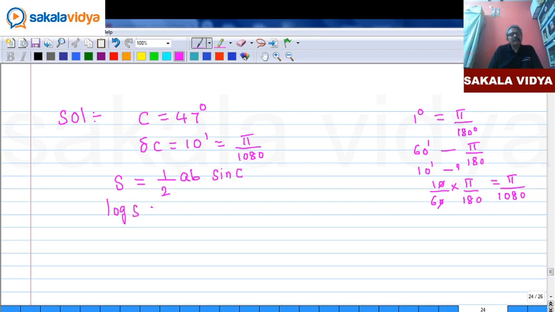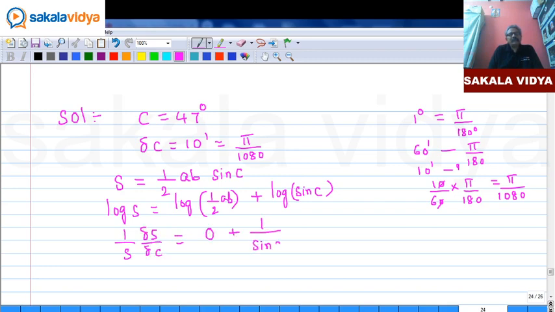Log S is equal to half log AB, which is constant, plus log sin C. Differentiate with respect to C. 1 by S, delta S by delta C, 0 constant, plus 1 by sin C, and sin C differentiation is cos C. So, now delta S by S is equal to cot C into delta C. Now delta C is pi by 1080 into cot C. C is equal to 47 degrees. Cot 47 degrees. This is the answer.